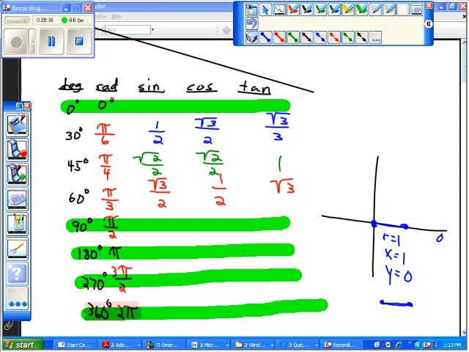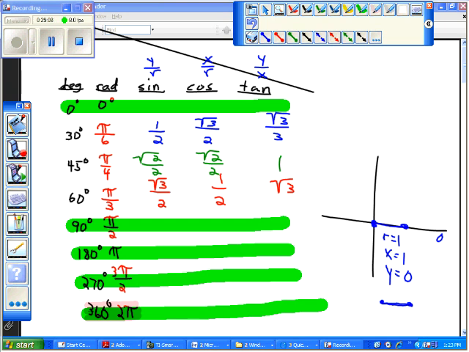So let's talk about 0 degrees in terms of the radius being 1, X being 1, and Y being 0. Remember that now we got to talk about X, Y, and R. Sine was Y over R. Cosine was X over R. And tangent was Y over X. Using that information and what you see in the picture, then what would the sine of 0 degrees be?